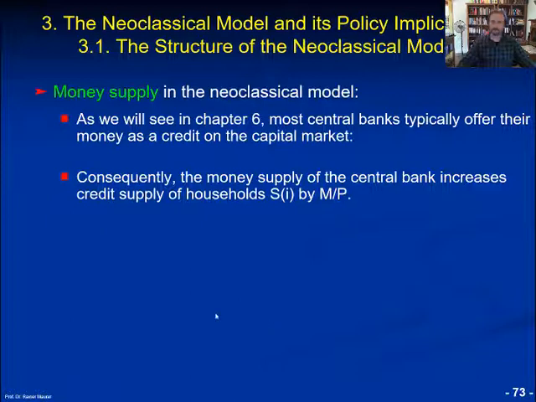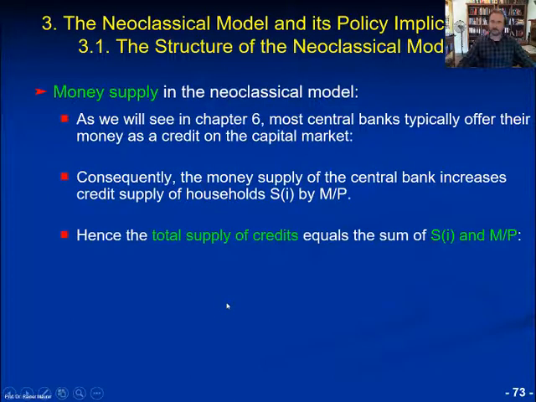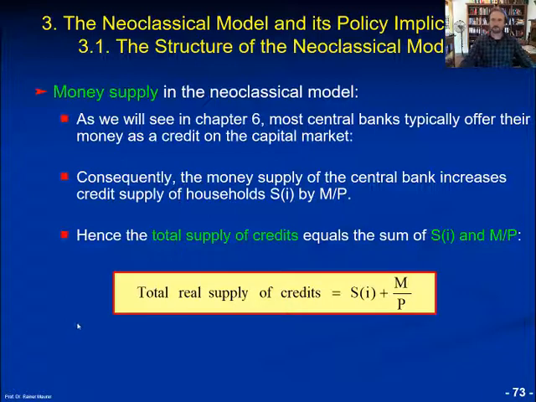Hence, the total supply of credits equals the sum of savings by households and real money supply from the central bank. So the shortcut for total real supply of credits equals the savings from households, depending negatively on the interest rate, as we know already, plus real money supply by the central bank.